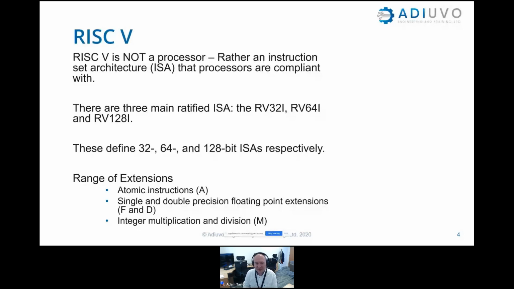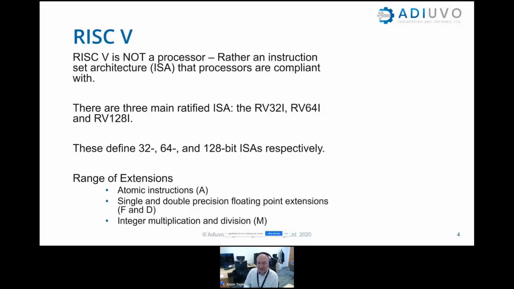And obviously with Nios 5, Intel have done that, and have saved us from having to do that. They've created this processor that is using and compliant with the RISC-V ISA. But there are actually 3 instruction set architectures that have been ratified by the RISC-V open source community: the RV32I, the RV64I, and the RV128I.